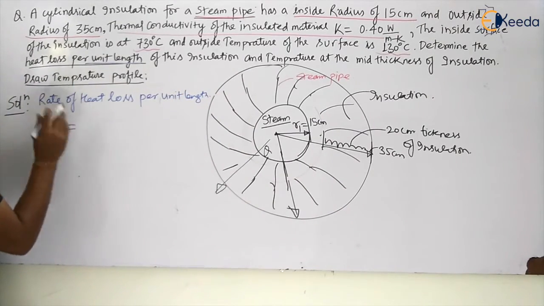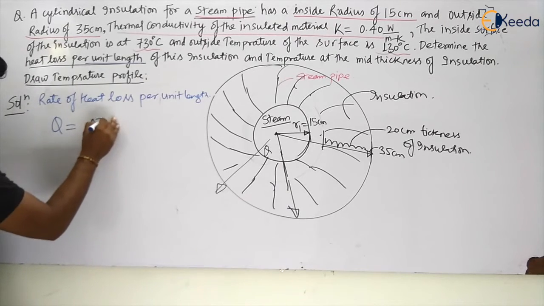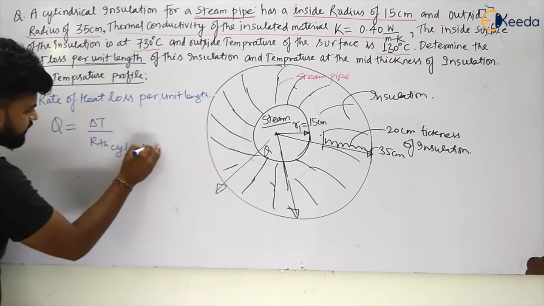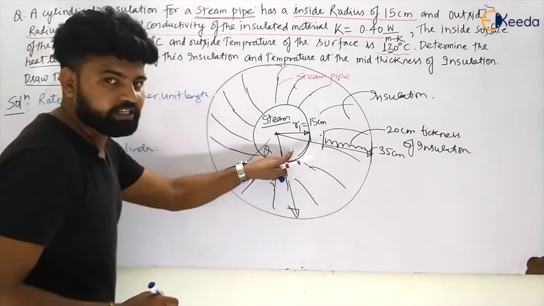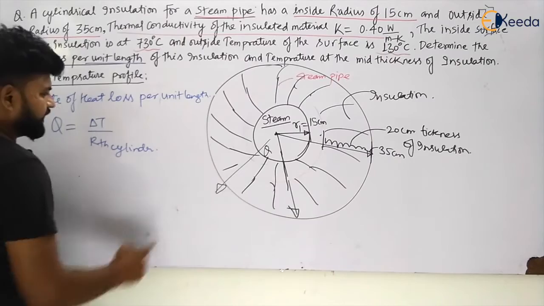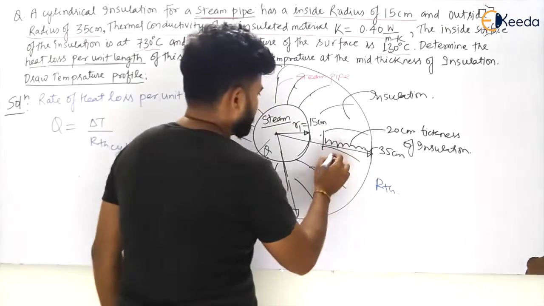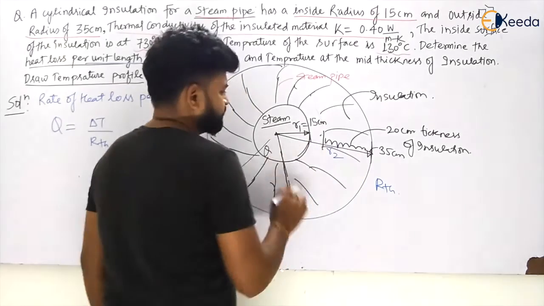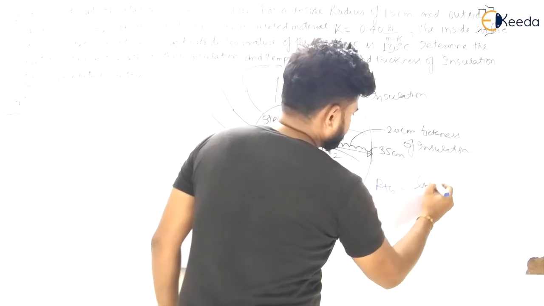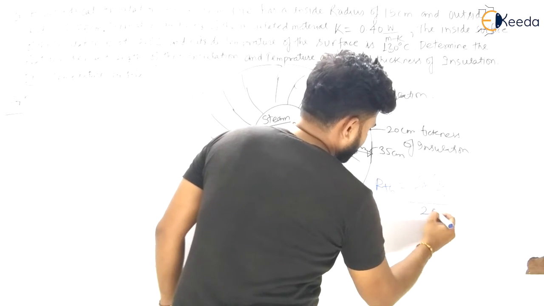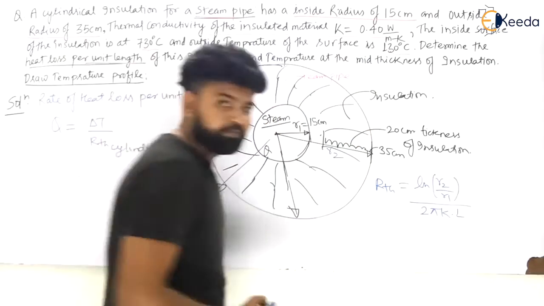Now let us see what the heat transfer will be. We know the heat transfer will be given by delta T by R thermal for the cylinder. So what will be the R thermal for the cylinder in this case? Can I calculate it? Yes, I can. If this is your R2 and this is your R1, then R thermal will be given by ln R2 by R1 divided by 2 pi KL, my dear students.